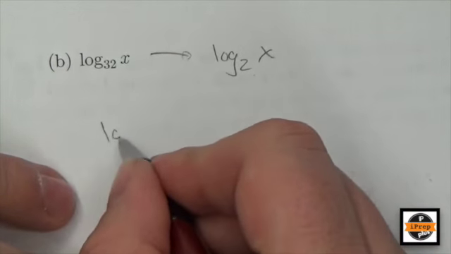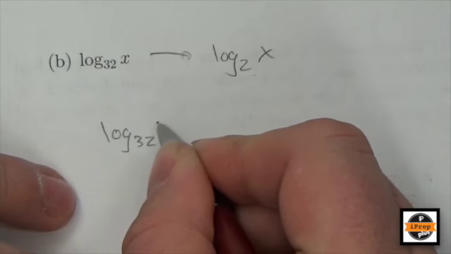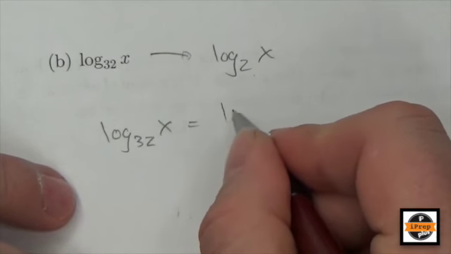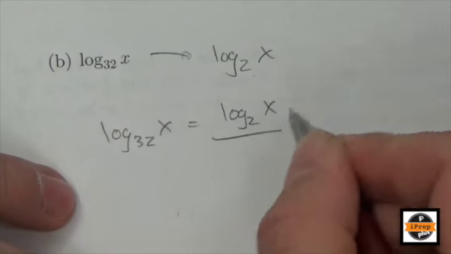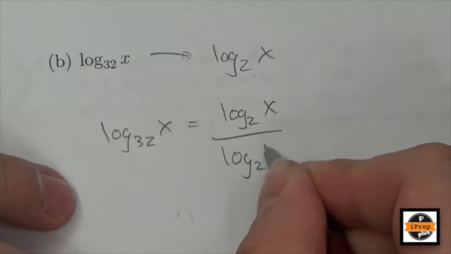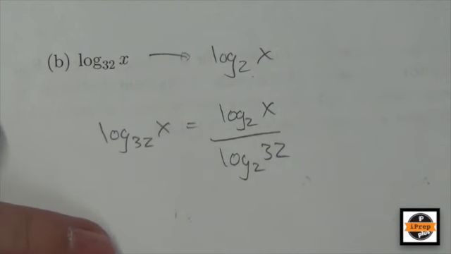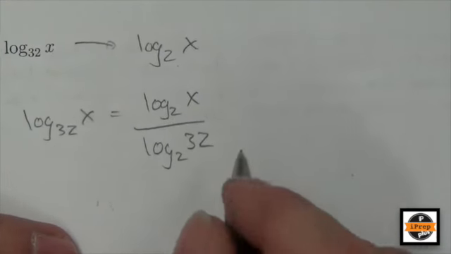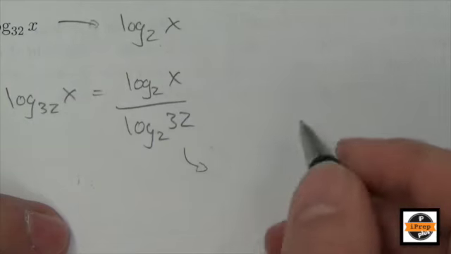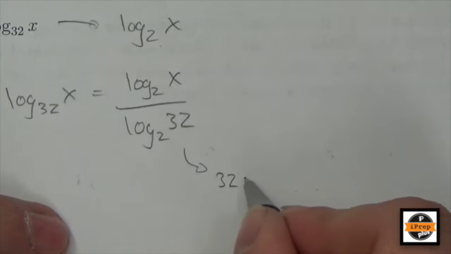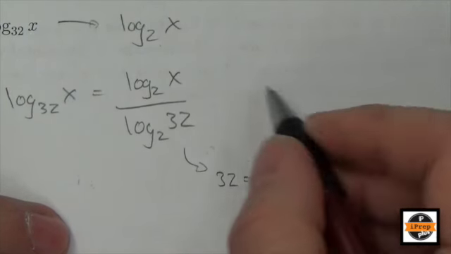So what I've got to do with the log base 32 of x is make this the log base 2 of x over the log base 2 of 32. Again, that's the change of base formula. Now, 32 can be written as a power of 2. 32 is 2 to the 5th.